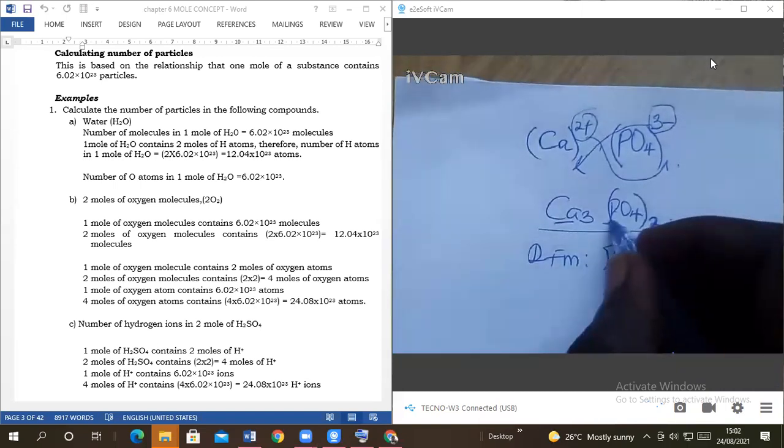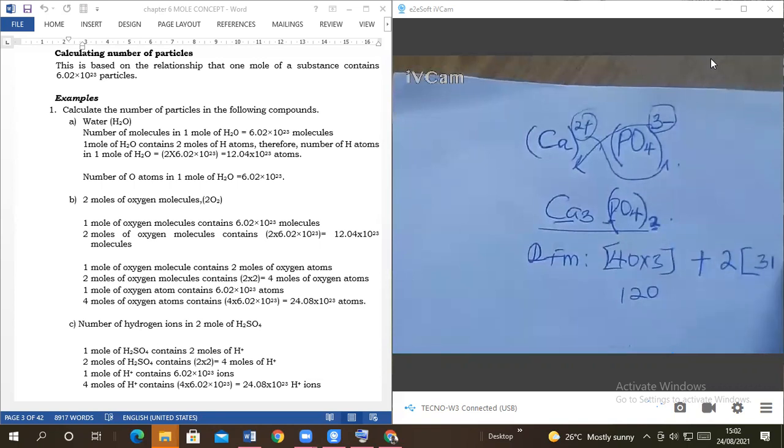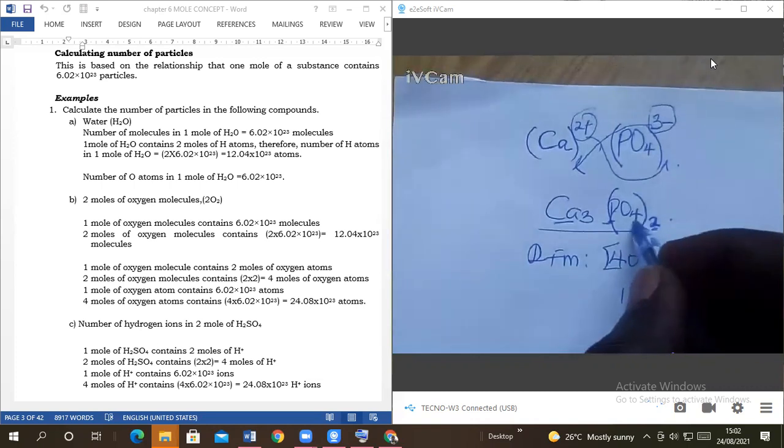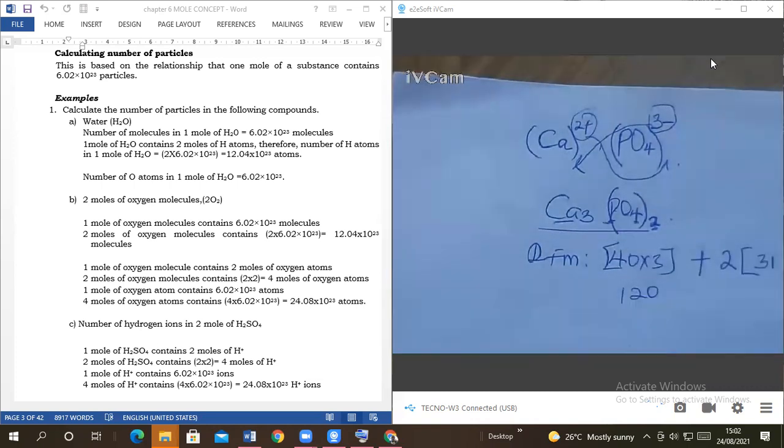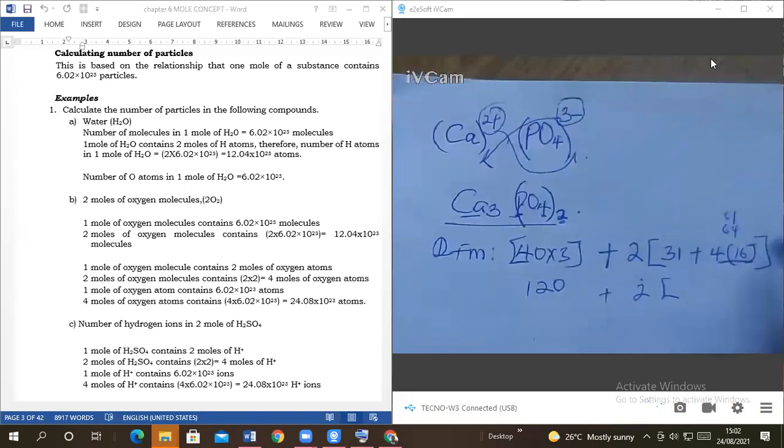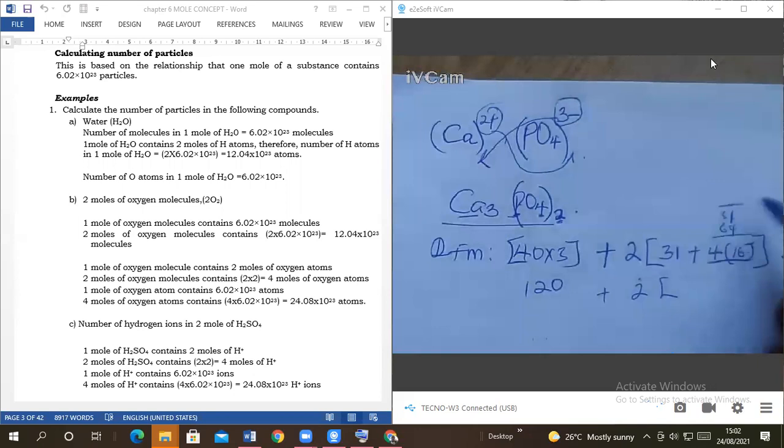This P is 31 plus the 4 times this O, which is 16. Then you close your brackets like that. So this 2 is outside, plus 2, open brackets. This one is 64 alone, plus 31. 64 is here, plus 31. It is going to give us, this is a 5, this is 9. It's going to be 95.